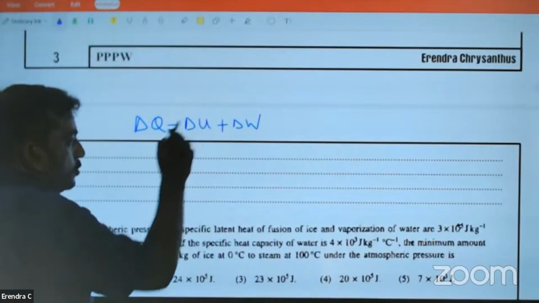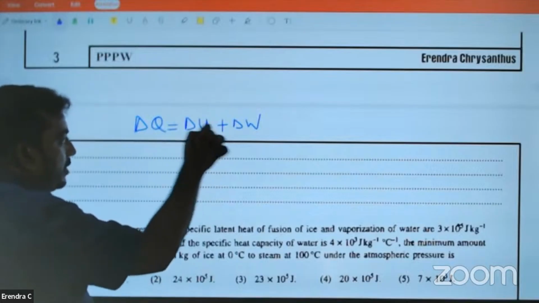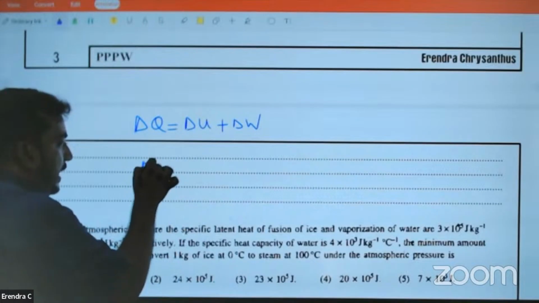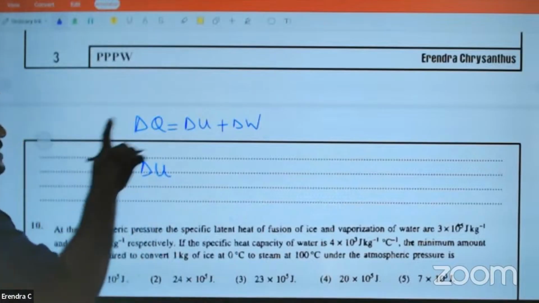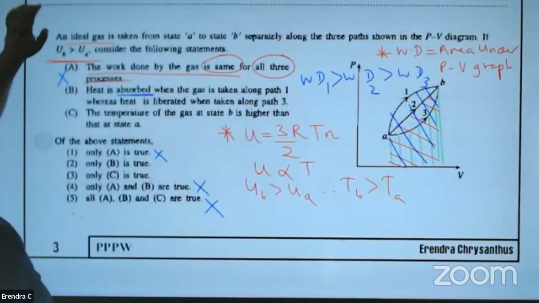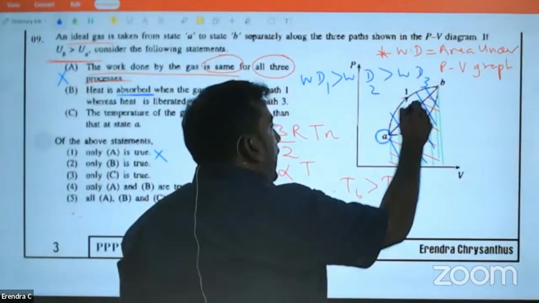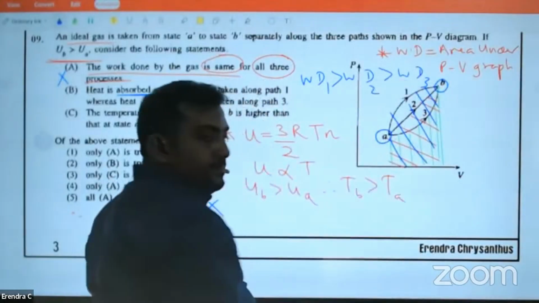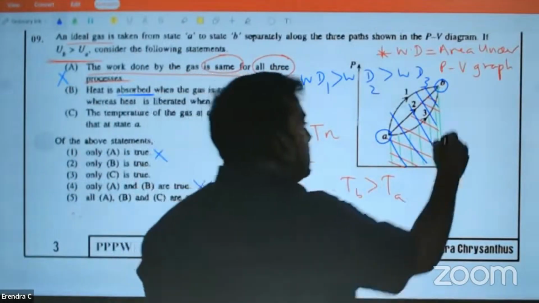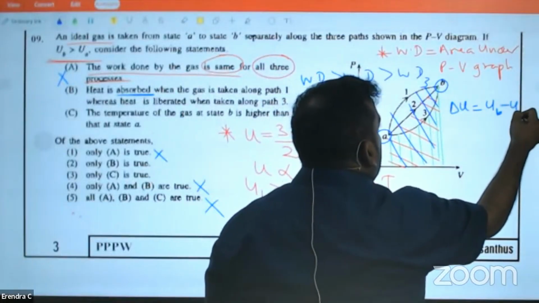Now path number 1, path number 2, path number 3. Delta U depends on the initial point and the final point. Now look at this below. Initial point and final point are all the same. That means your delta U is UB minus UA.